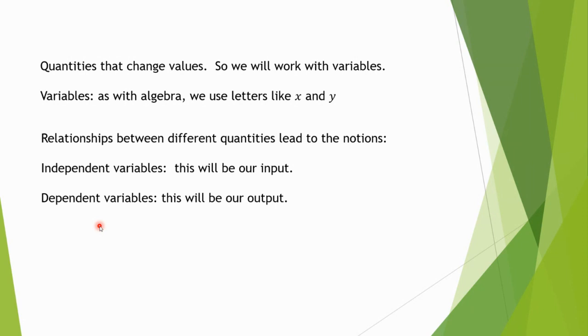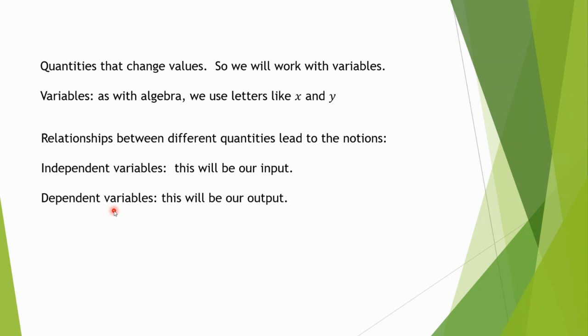You'll see lots of examples, so I hope it makes sense what I'm trying to say. With functions, it's going to be a relationship where for one variable, called the independent variable, you feed the function some kind of input, kind of like when you type something into a computer. And for each input, you get back an output. The output is what the dependent variable will be. That's what happens with a function.